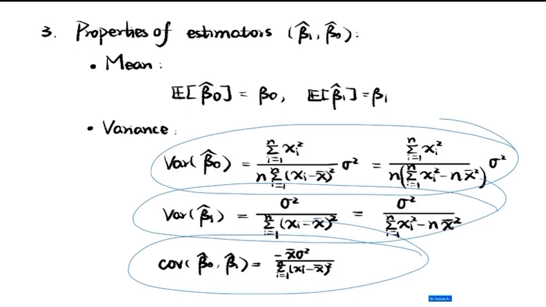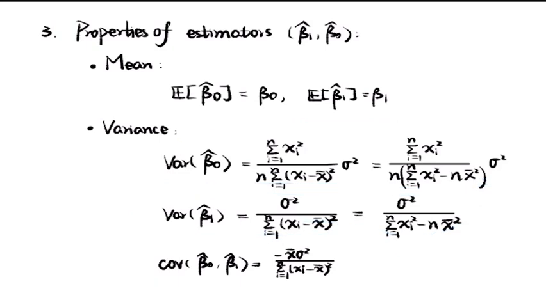Now, when you pay attention to the variance of beta 0 cap and the variance of beta 1 cap, you're going to see that they are consistent, because you can see the sample size in their denominator. When you see a sample size in the denominator, that shows they're going to be consistent. But what we want to do now is walk you through how these are derived.